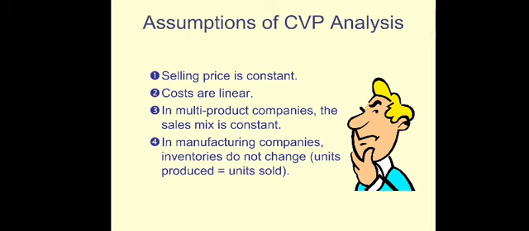And the second thing is we assume that the costs are linear. We assume that the unit variable cost is the same. You produce 400 bikes, 300 bikes, 500 bikes, 800 bikes, 900 bikes. We assume that the costs are linear.